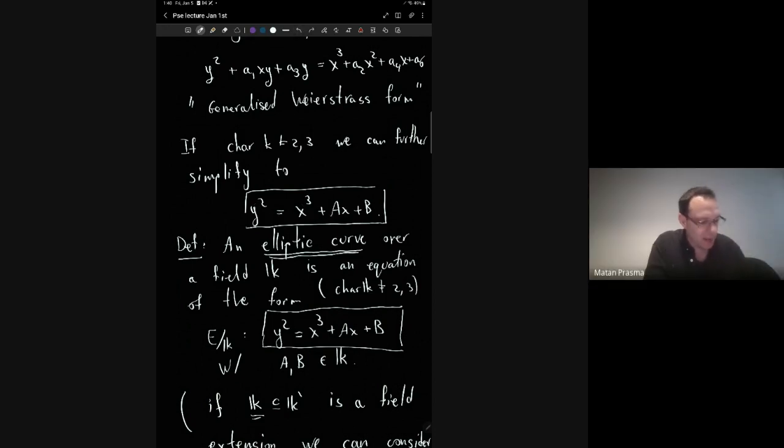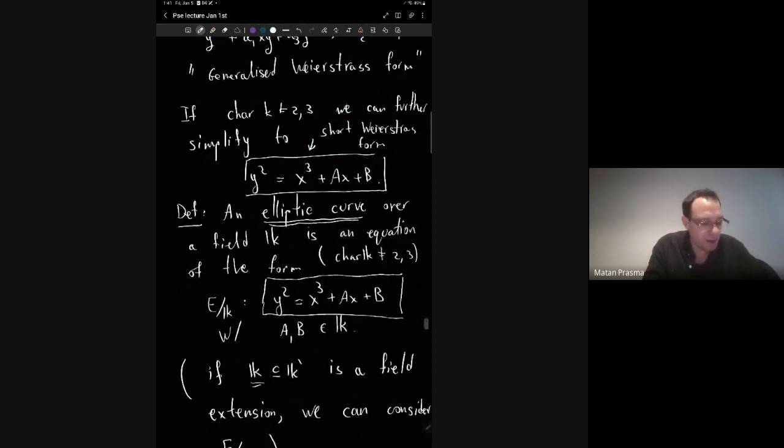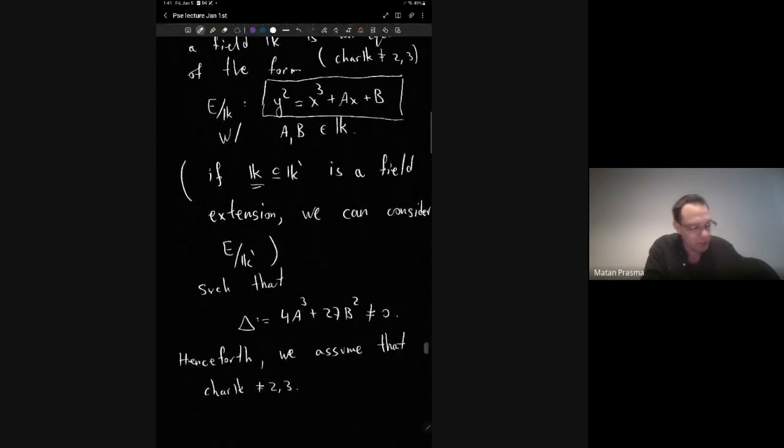Yeah, and by the way, this thing is called the short Weierstrass form. So we will focus on the short Weierstrass form, and the next thing in order is to explain this strange condition.